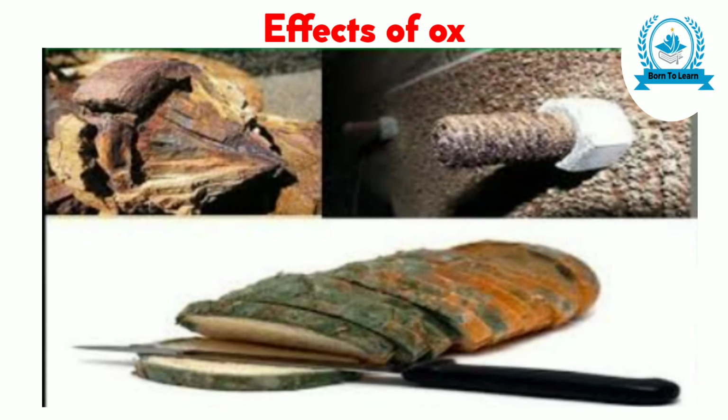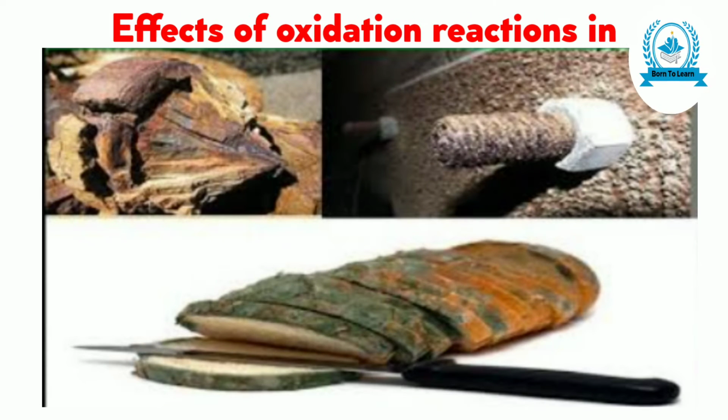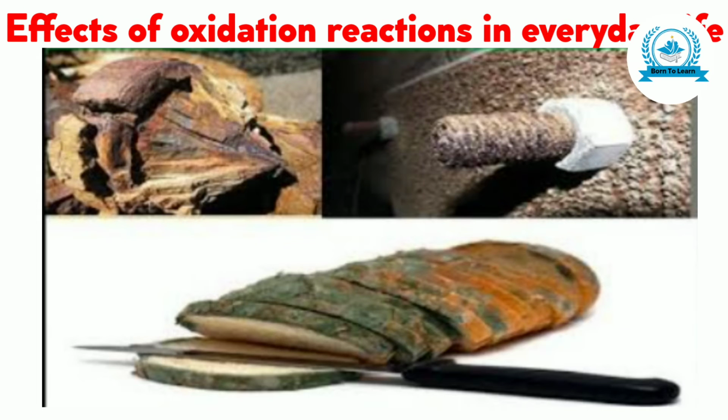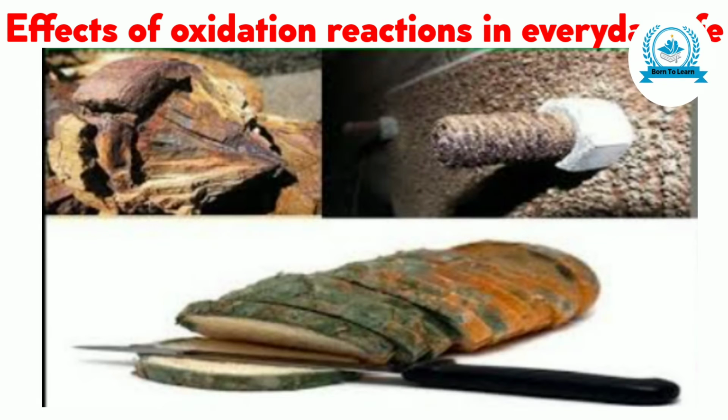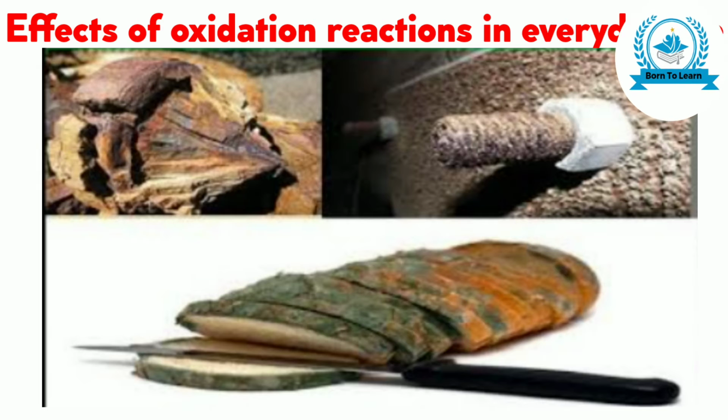Effects of oxidation reactions in everyday life. Oxidation has a damaging effect on metals as well as on food. The damaging effect of oxidation on metals is studied as corrosion, and that on food is studied as rancidity. Thus, there are two common effects of oxidation reactions which we observe in daily life. These are 1. Corrosion of metals, and 2.